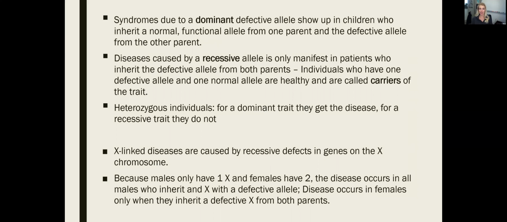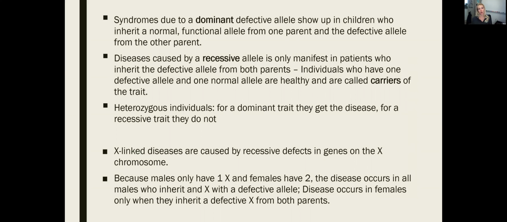X-linked is special in that the gene is actually attached to the X chromosome. And so we see this in individuals that have more than one X chromosome. Like if we talk about just binary male, female, XX for female, XY for male.